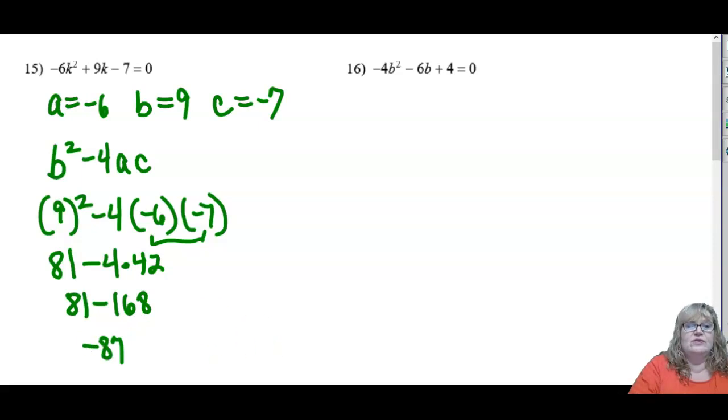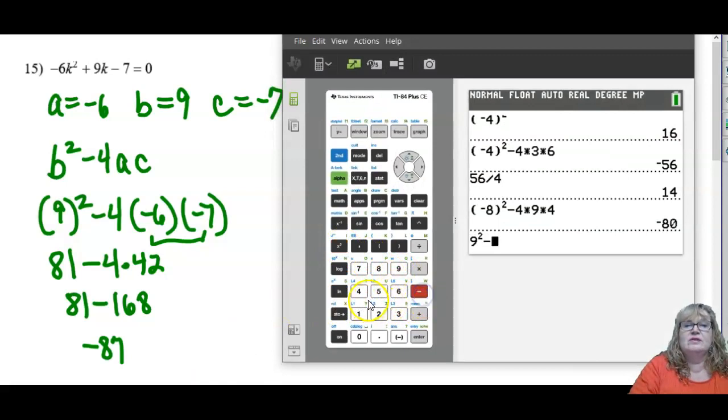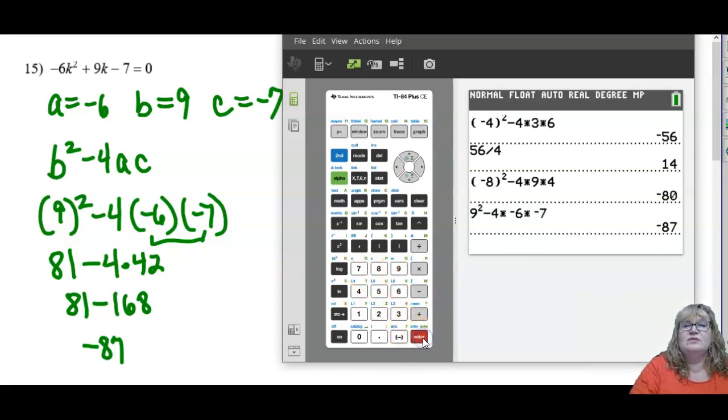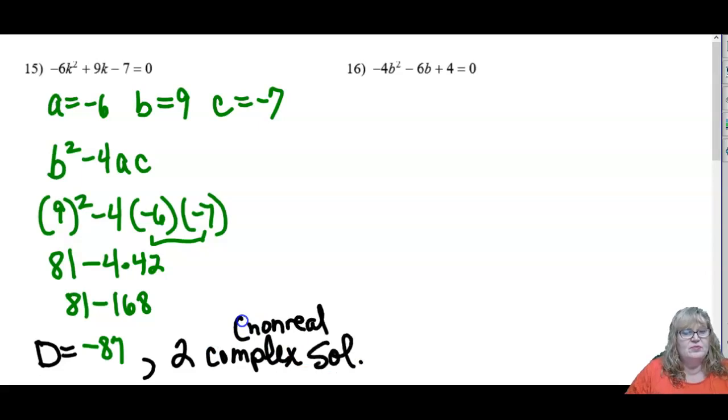Let's try that on the calculator. It was 9 squared minus 4 times -6 times -7. I skipped the parentheses around the 9 because it was already positive. I did get -87. Okay, so the discriminant is -87. That means there are two complex or imaginary, non-real solutions, and our parabola would not cross the x-axis at all.